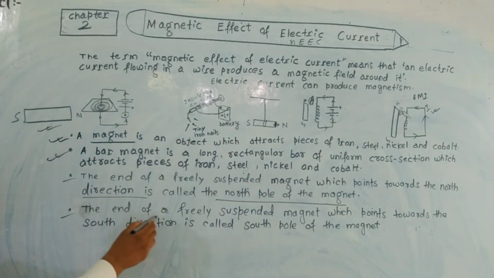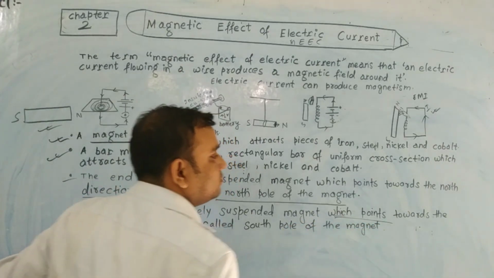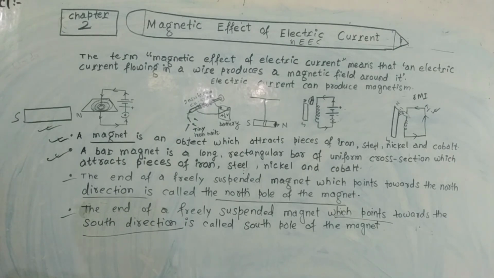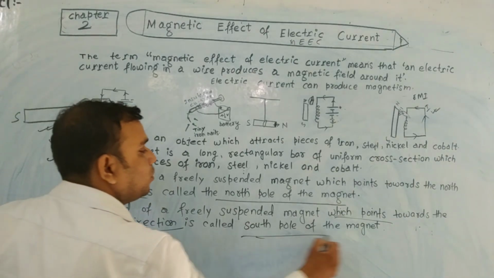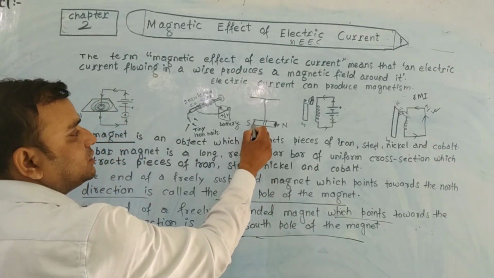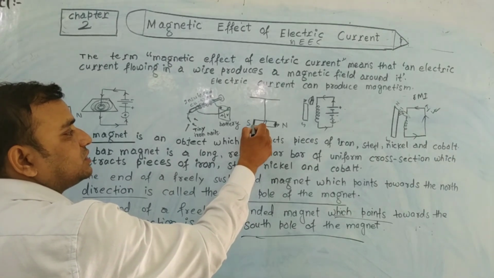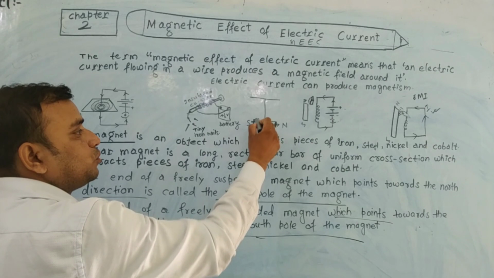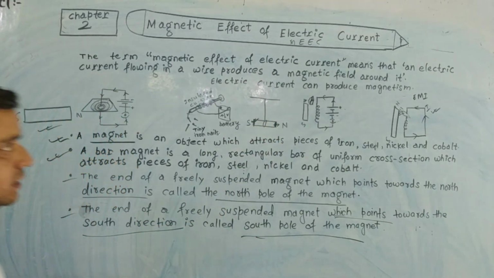And the end which points towards the south direction is called the south pole of the magnet.